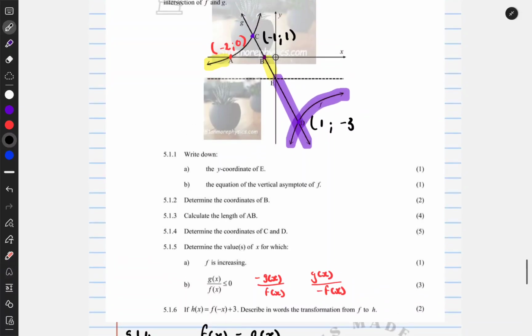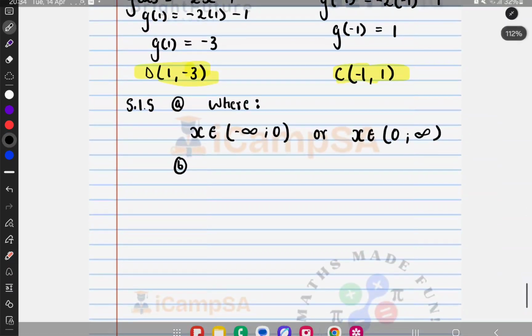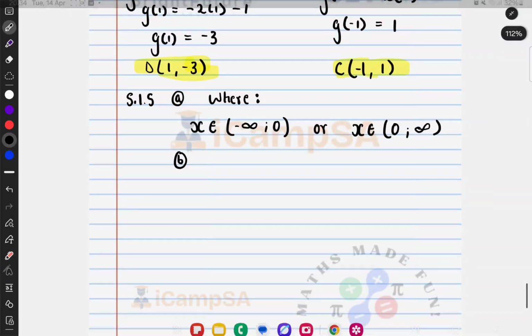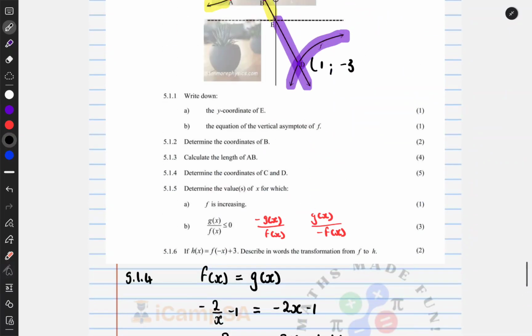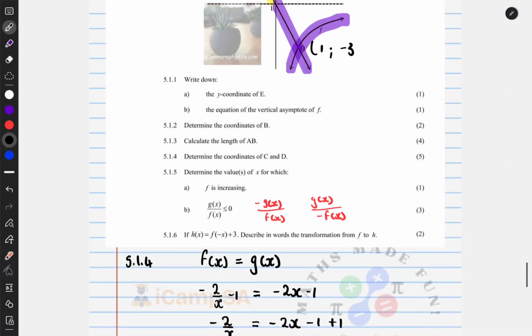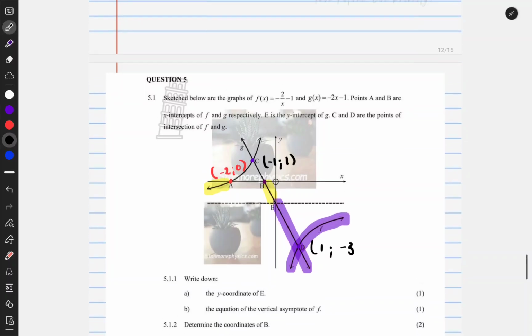So for all the values of x less or equal to -2, that's the first answer for B, we'll have a ratio between these two functions which is negative. Okay, and then the other values are between b and 0, and remember that the function of f never touches 0.